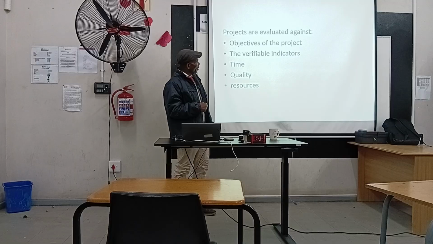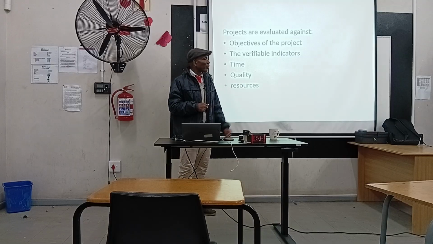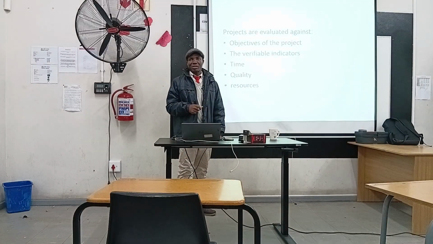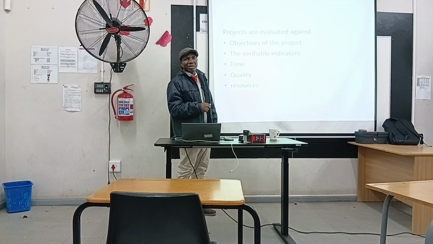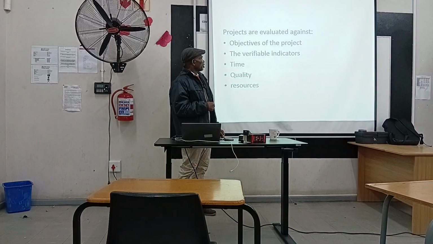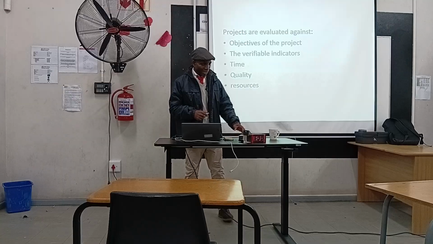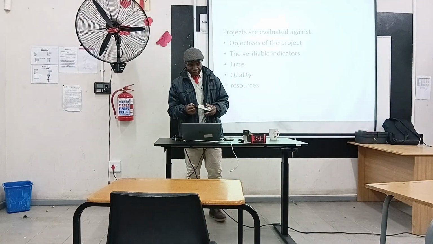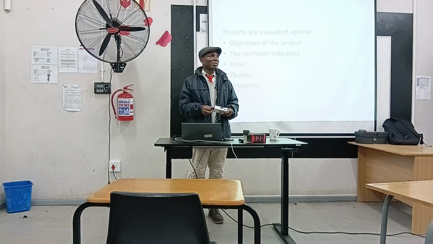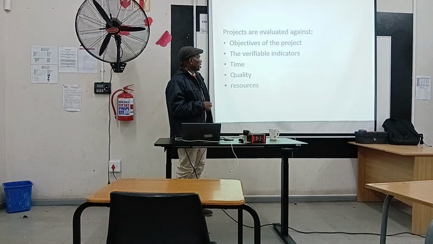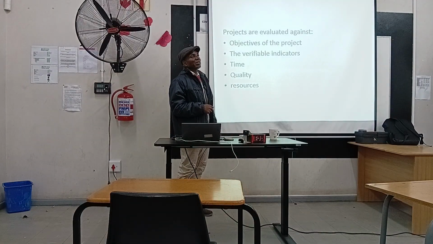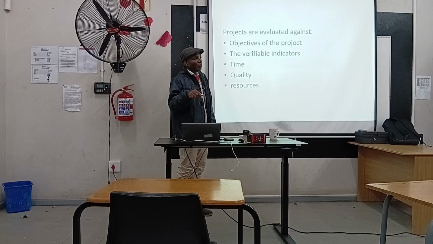Right. Then we call these verifiable indicators. Based on the specificity of the indicators, are they achieved or complied with, right? Because, like I said, the verifiable indicators are the indicators that have been mapped out in your project during the planning stage.